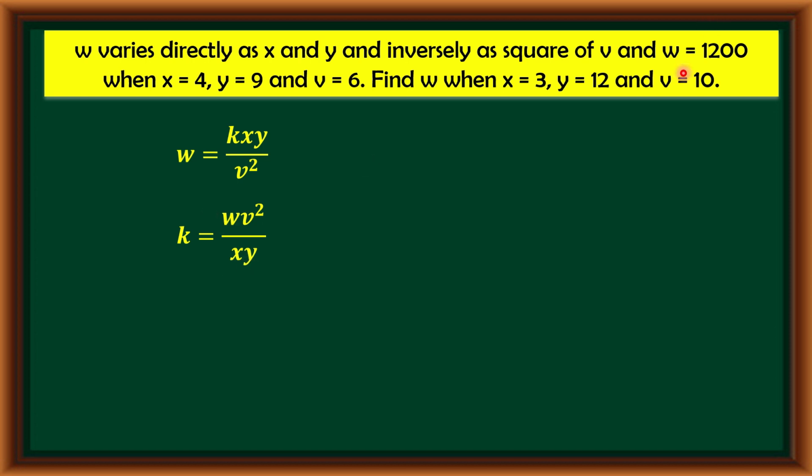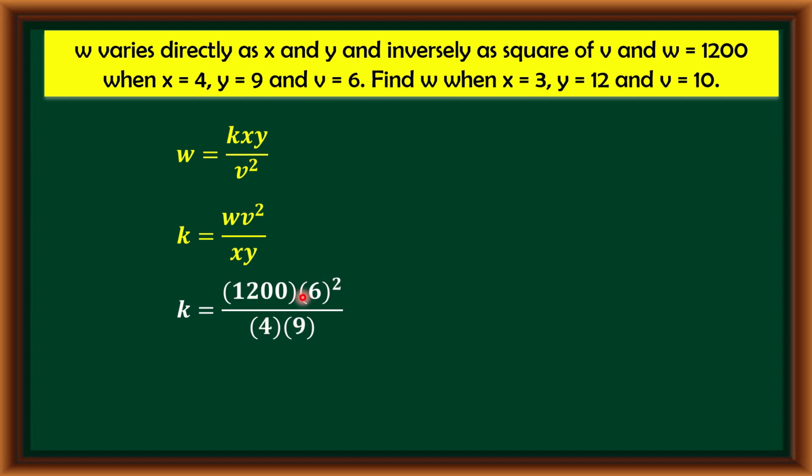Now, let us substitute the value of w, which is 1,200, and value of v, which is 6. Then, at the denominator, let us replace x by 4 and y by 9. So we have k is equal to 1,200 times 6 squared over 4 times 9.